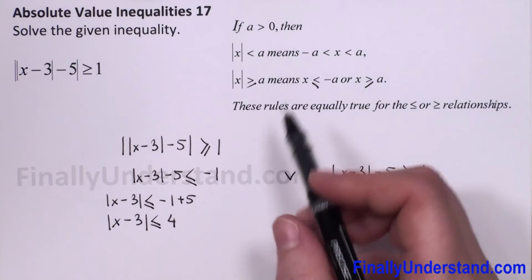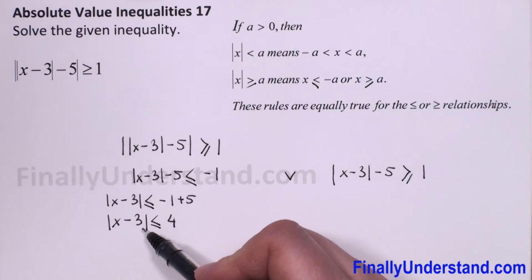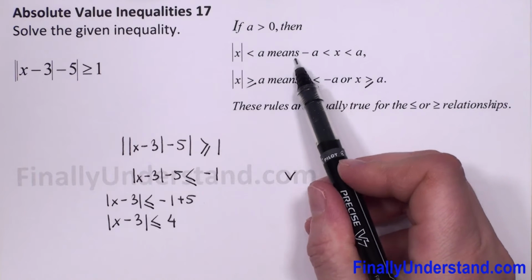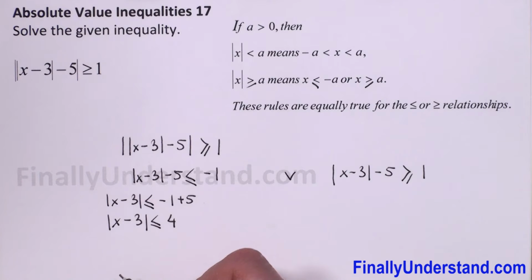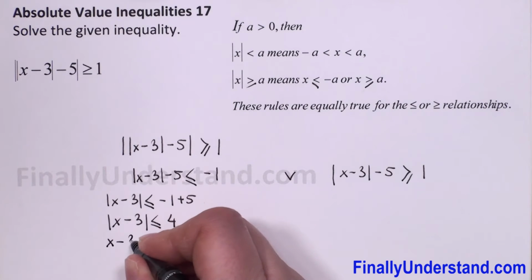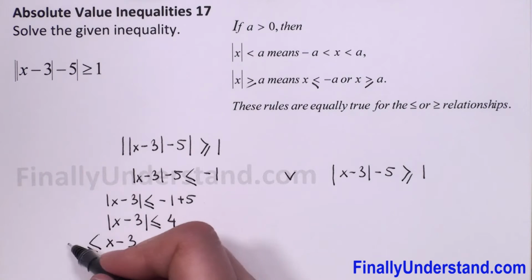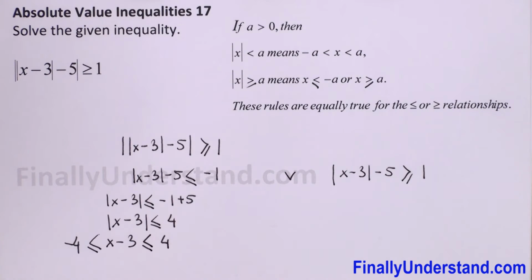Now we will use the first rule to get rid of this absolute value. So we have to rewrite our inequality as a double inequality with no absolute value bars. So it will be x minus 3 is greater than or equal to negative 4 and less than or equal to 4.